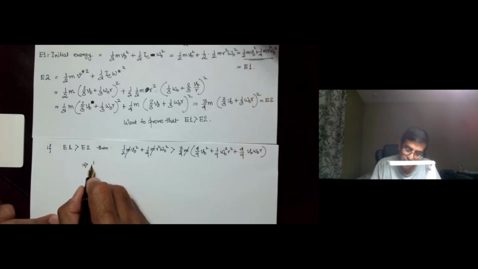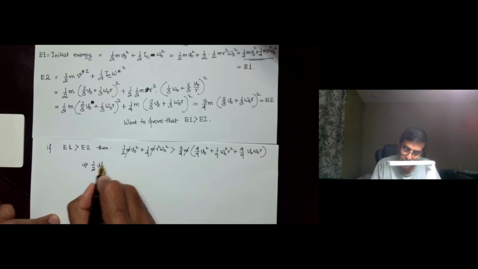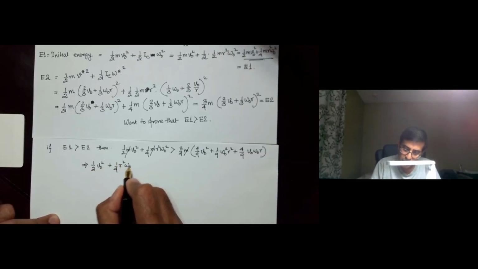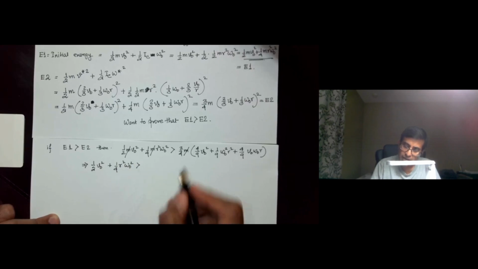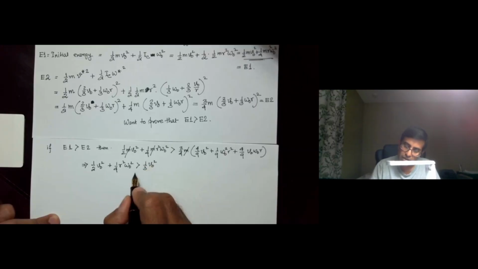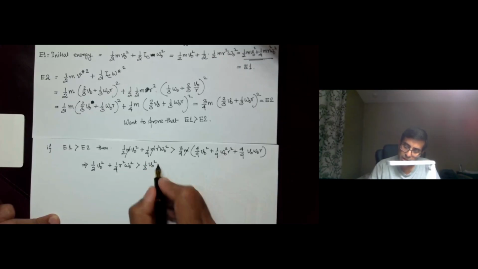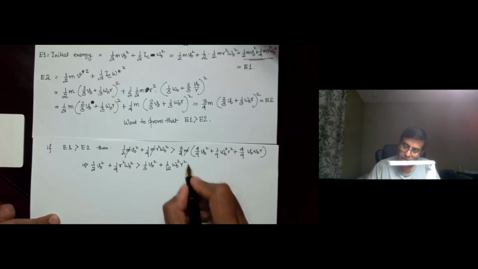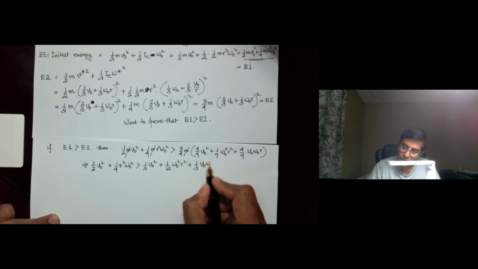So it's going to be half V naught squared plus 1/4 r squared omega naught squared is greater than, must be in that case greater than 1/3 of V naught squared plus 1/12 of omega naught squared r squared plus 1/3 of V naught omega naught r.